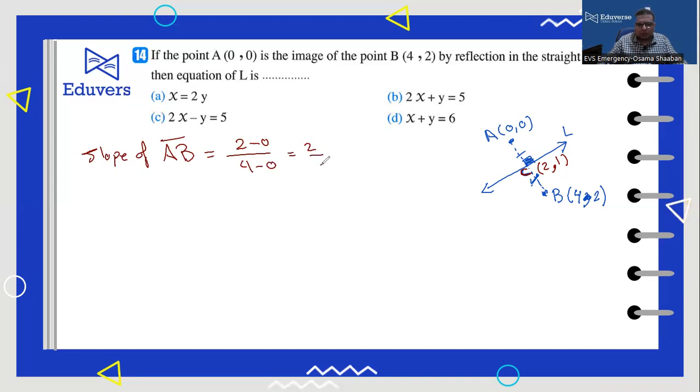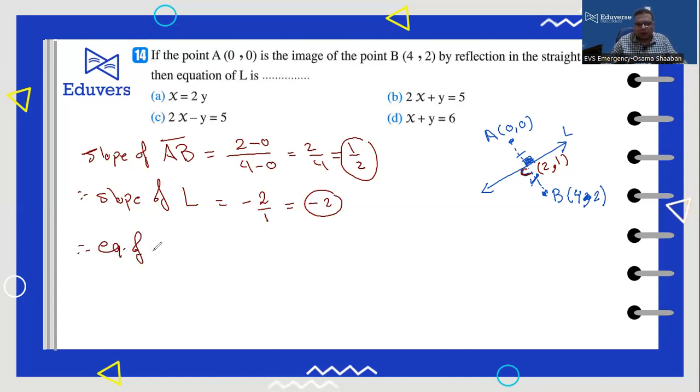You will get 2 over 4, which is half. So the slope of L, you will flip the fraction, 2 over 1, and change the sign. It will be negative 2.